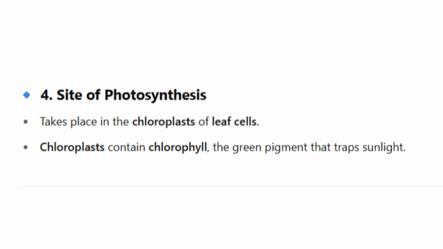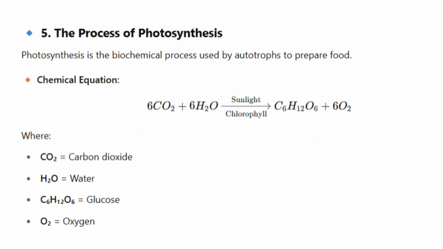4. Site of photosynthesis. It takes place in the chloroplasts of leaf cells. Chloroplasts contain chlorophyll, the green pigment that traps sunlight. 5. The process of photosynthesis. Photosynthesis is the biochemical process used by autotrophs to prepare food.